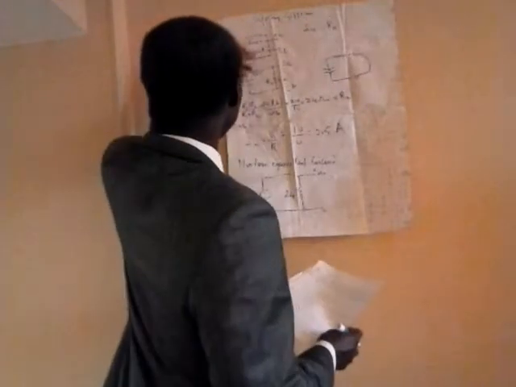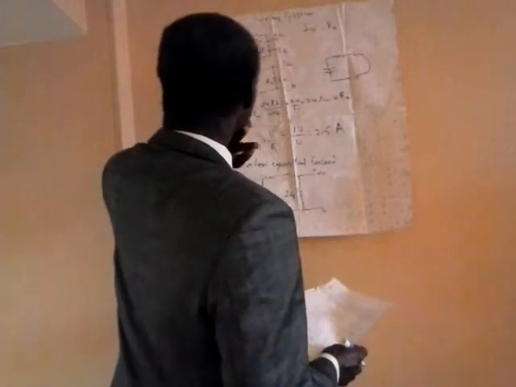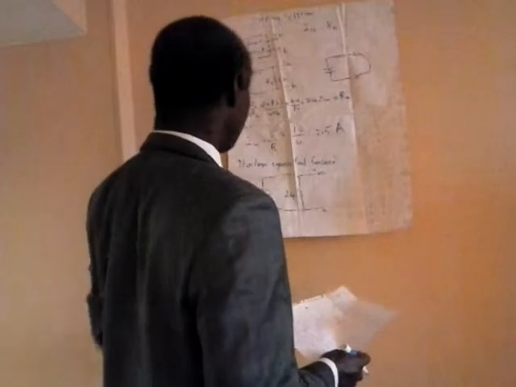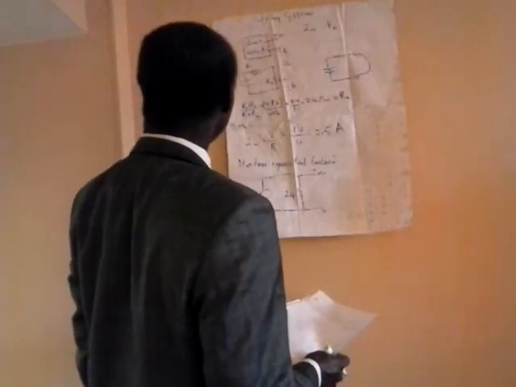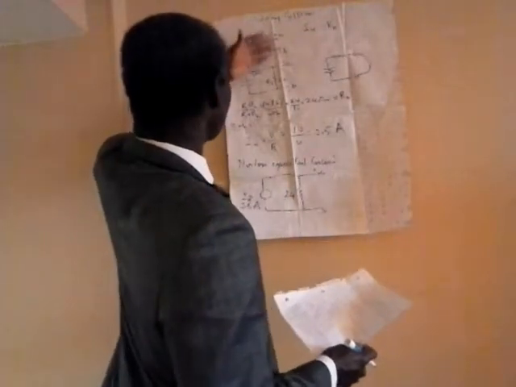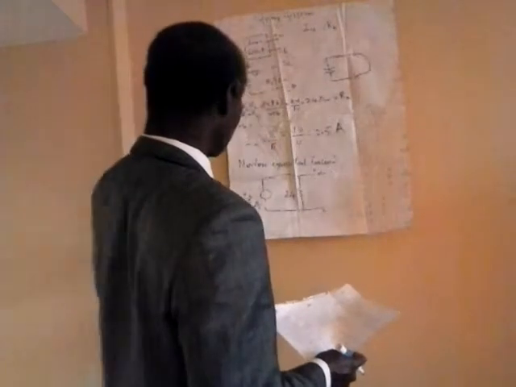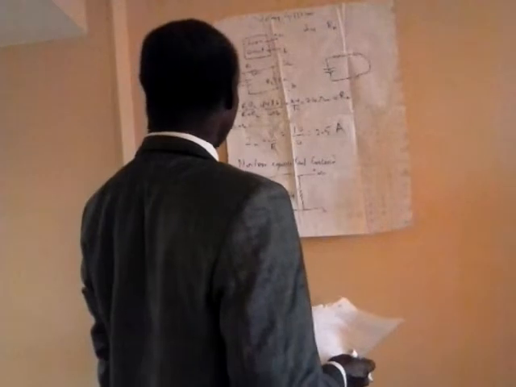So the basic definition of Norton's theorem is that if we have any linear circuit with terminals A and B, we can replace it with a current source in parallel with a resistance, the I Norton and the R Norton.